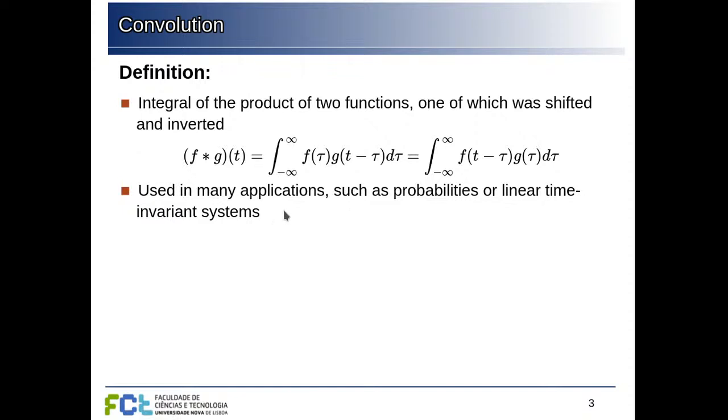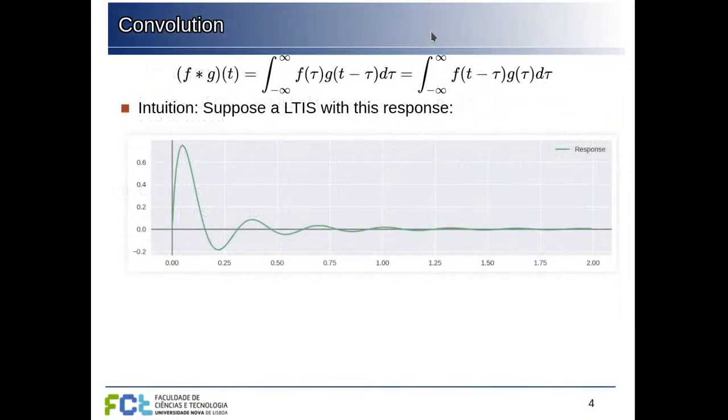This is used, for example, in physics for linear time invariant systems, which are systems that respond linearly to some impulse, some perturbation of the system, and the response is invariant over time. For example, imagine that we have an iron bar that when we hit it with a hammer, it starts to oscillate, and then the oscillation dampens.